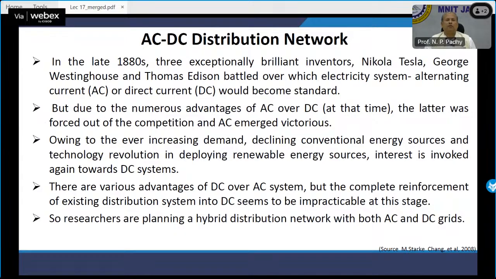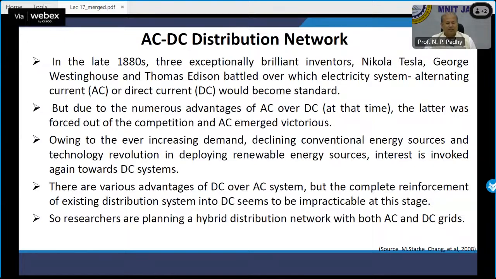AC-DC distribution networks. In the late 1880s, three exceptionally brilliant innovators, Nikola Tesla, George Westinghouse, and Thomas Edison, battled over which electricity system, whether AC or DC, is perfect.